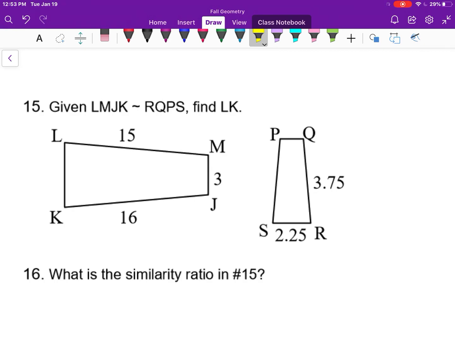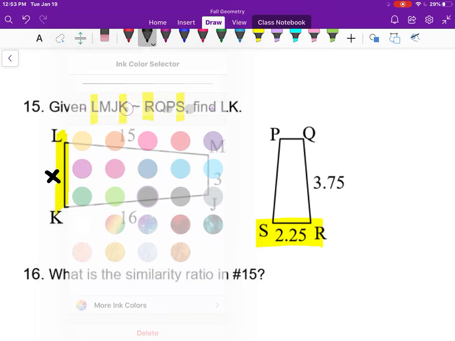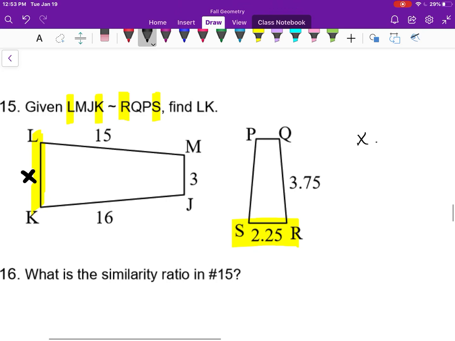I know this is my second one, so I got SR right there, and that's going to match up with KL. It says find LK, so I'm going to label this as X. So when I write this, X is equal to 2.25. And this is my first, and this is my second shape.